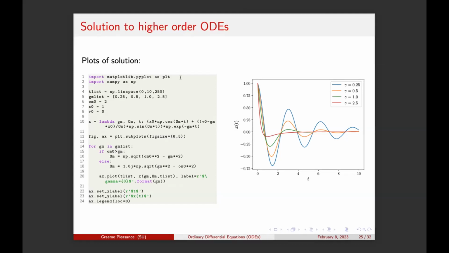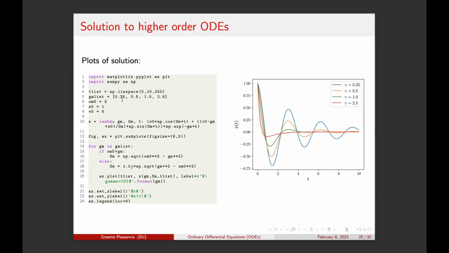So on the left-hand side of this panel, I just included a snippet of code that allows you to plot this solution to the second order ODE for varying values of this damping constant gamma. And so what we do is we start by defining a numpy array, which contains all the values of t that we want to plot the solution for.